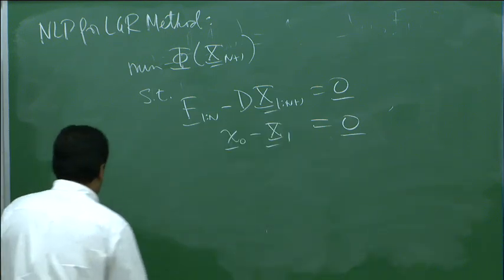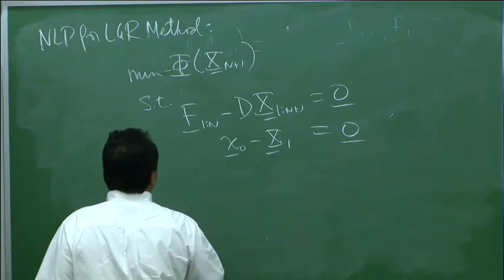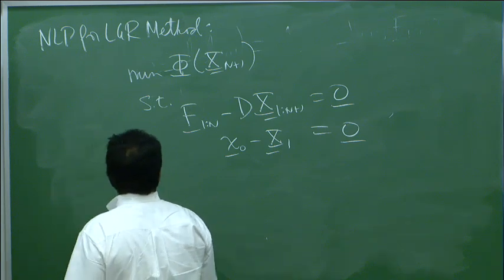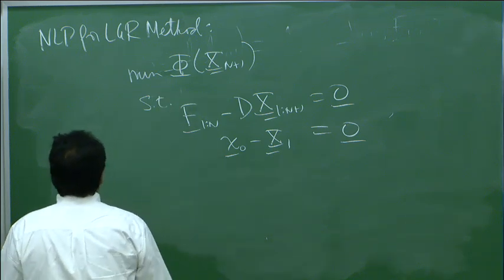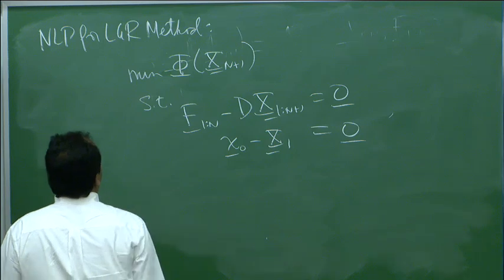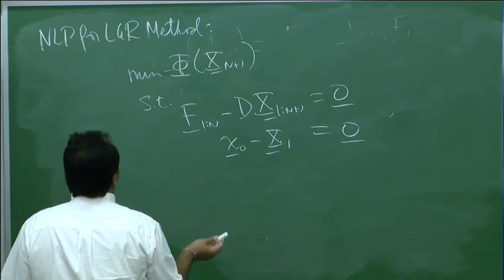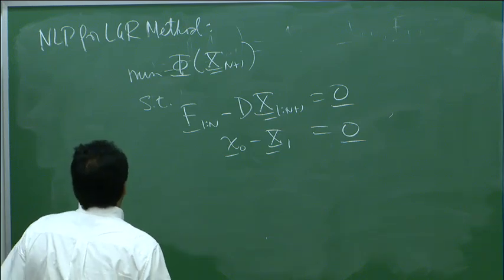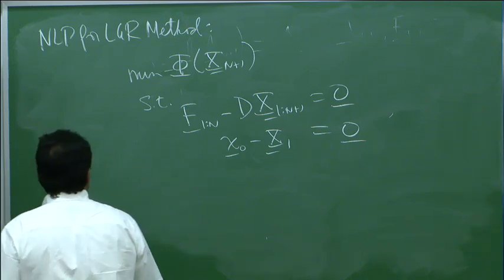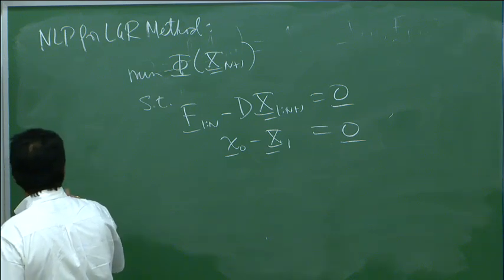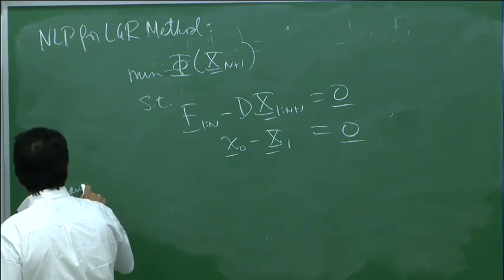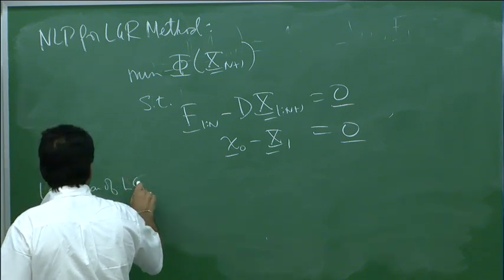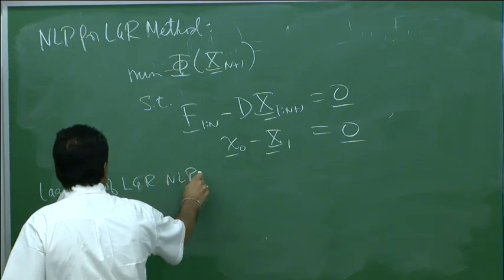So what we do now is figure out how to do co-state estimation for this NLP. And remember, this comes from the optimal control problem where we have a Mayer cost phi of x at plus 1, subject to the dynamic constraints x dot equals f of x and u, and x at 0, or negative 1, equals x_0. So if I form the Lagrangian of the LGR NLP, I get the following.